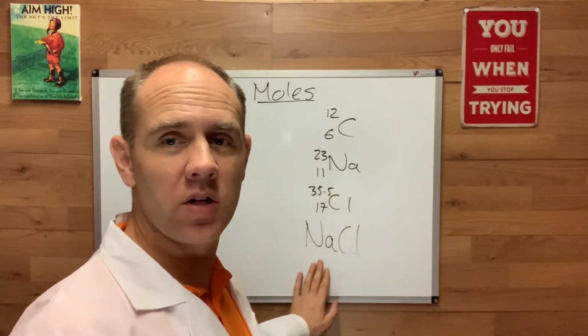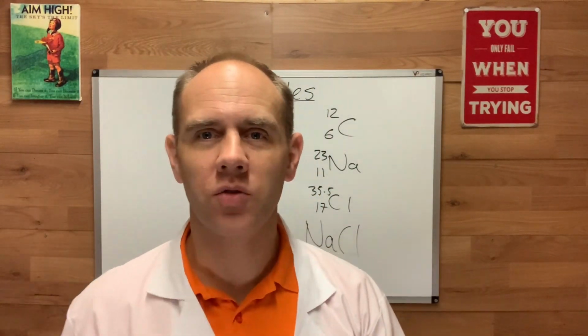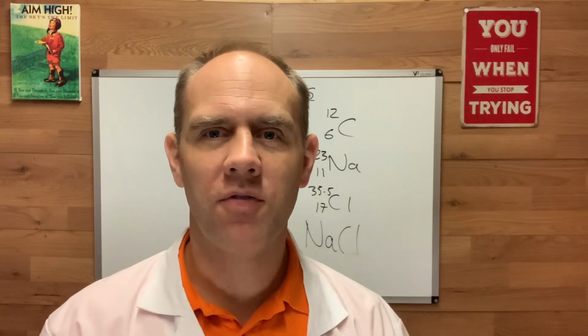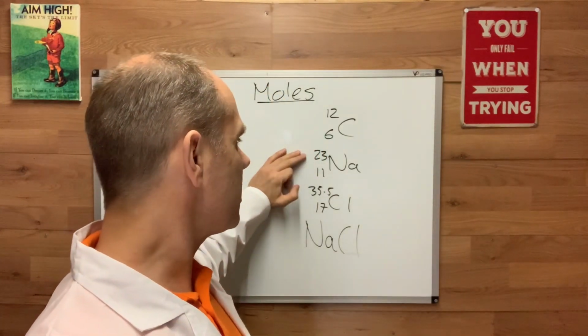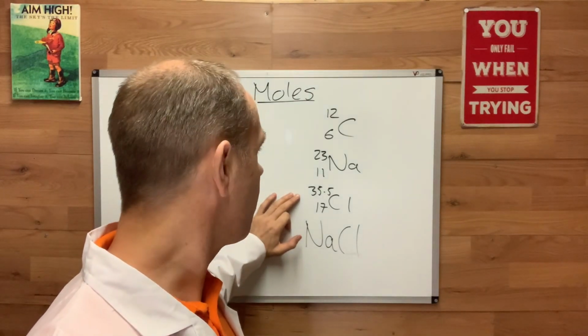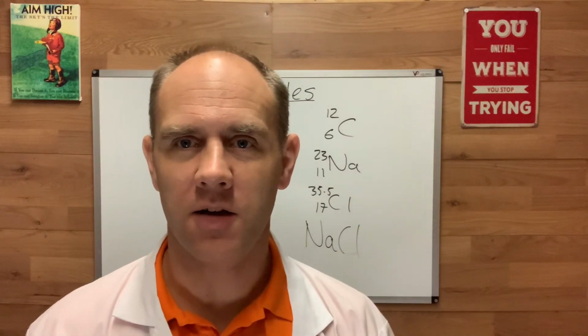So here's how we do this. Let's take sodium chloride, a salt. By adding the RAMs together to make the RFM, 23 added to 35.5 makes 58.5.